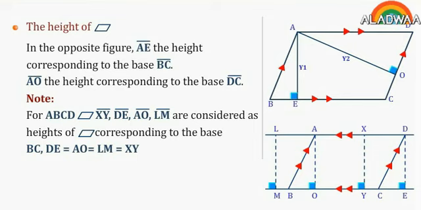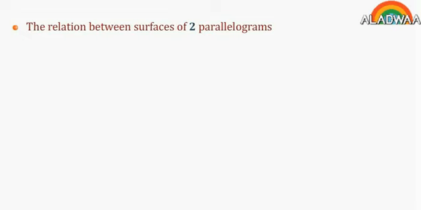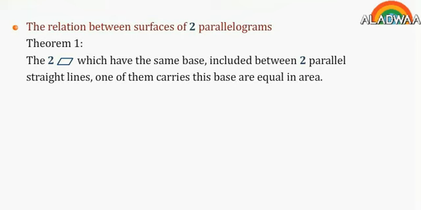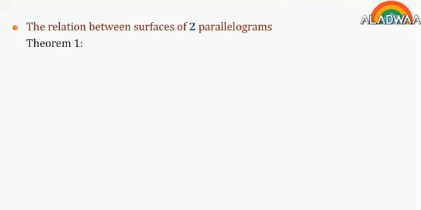Theorem 1. Two parallelograms which have the same base and are included between two parallel straight lines, one of them carrying this base, are equal in area. Given: ABCD and HBCO are two parallelograms.